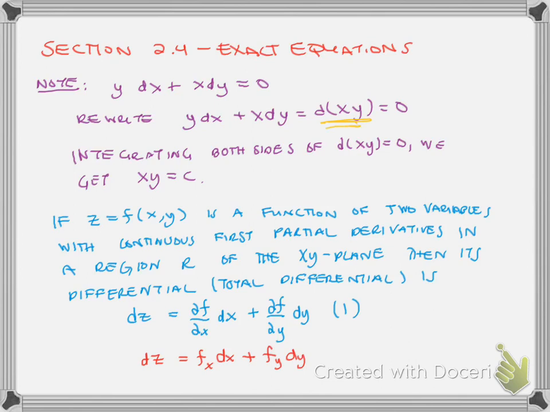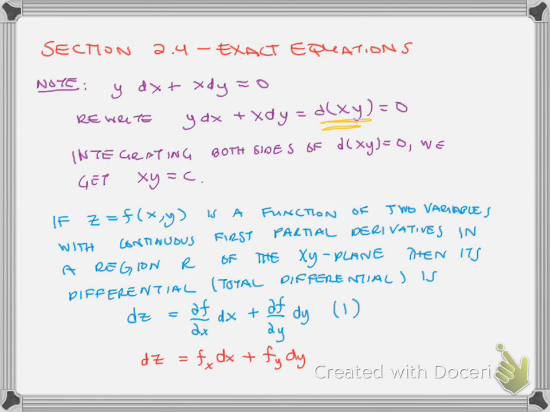So this is the derivative of xy: the derivative of x is y dx, and the derivative of y is x dy. That's the product rule. You can see the product rule is coming back into play, just like when we were talking about the integrating factors.